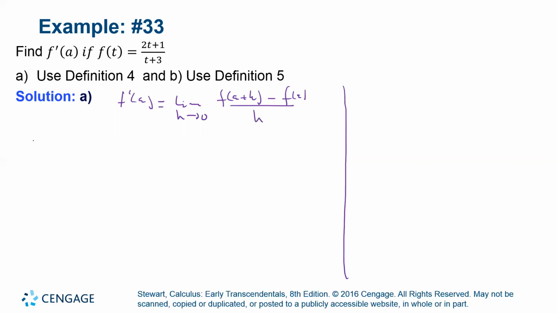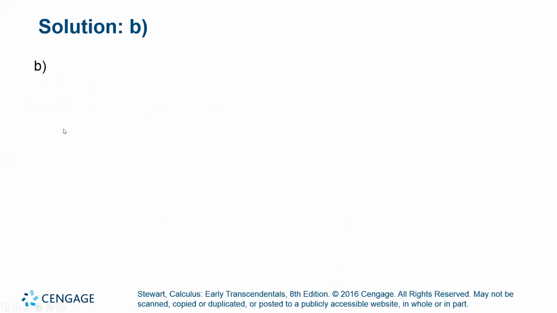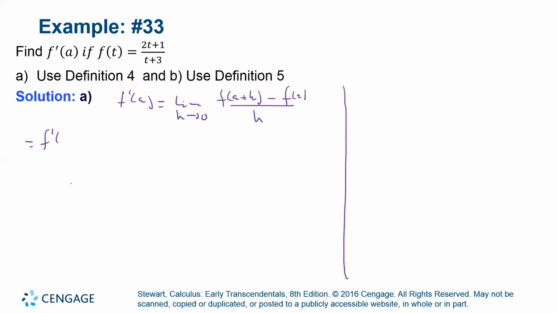Okay, so now let's get to work. f prime of a. Now my f of x is this expression, so it is equal to the limit as h goes to 0, and look at the expression.